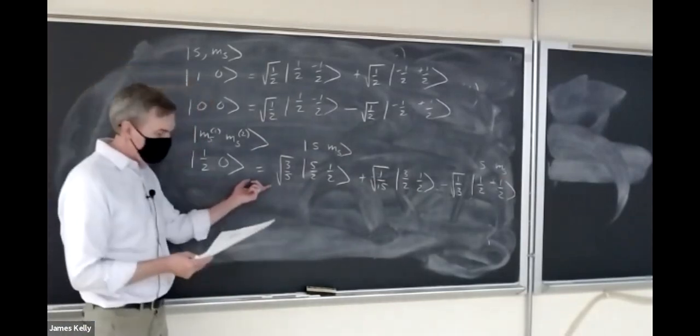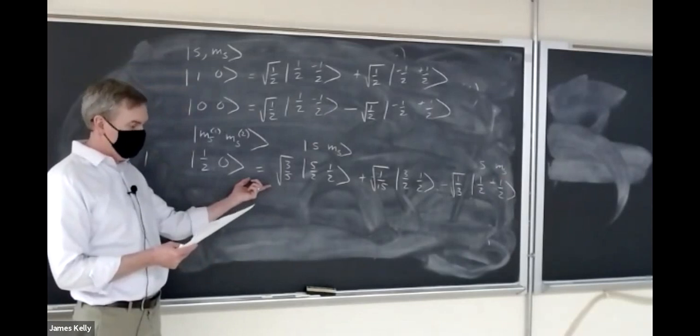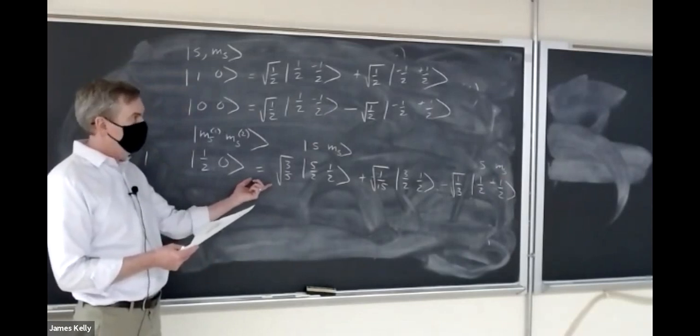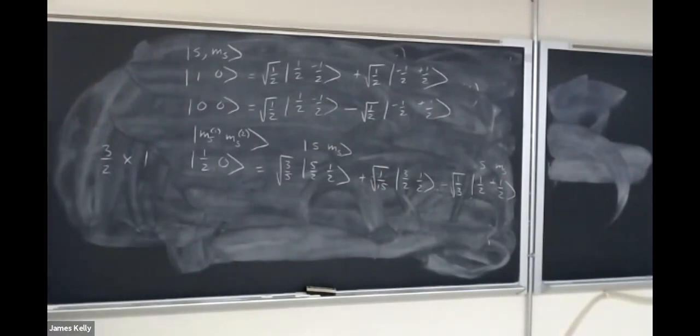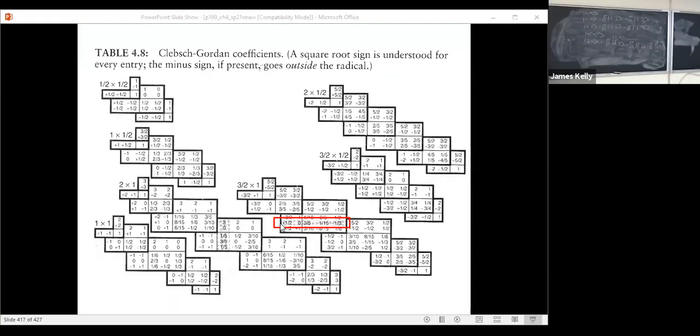Any questions on this one, which was the row that I had highlighted in red in the table there? If you've got Griffiths, or if you're at home, open it up to the Clebsch-Gordon coefficients table so that you can look at it while we're writing this stuff on the board. Right, so that's telling me how to write an individual spin state as a linear combination of combined spin states, which are up here.